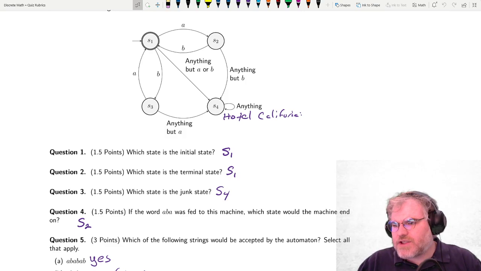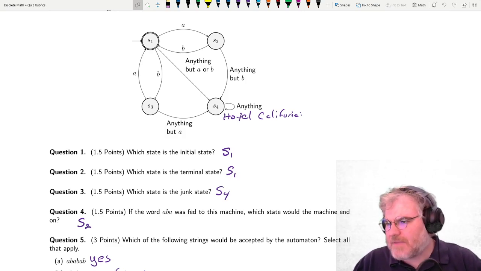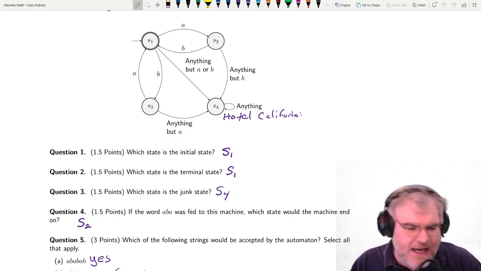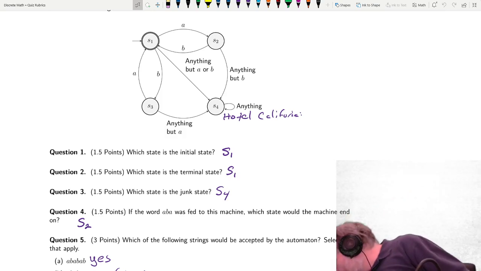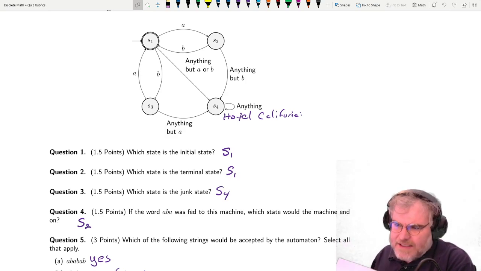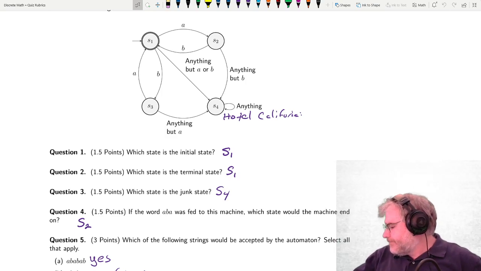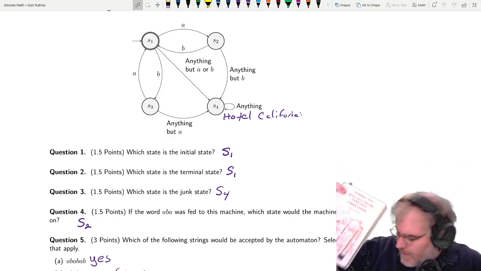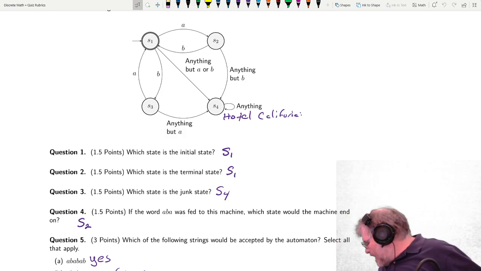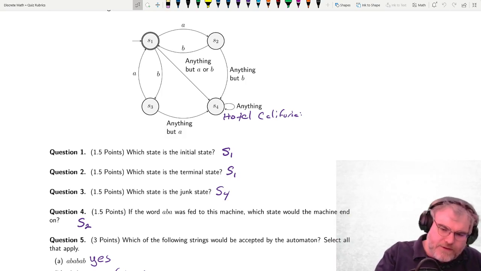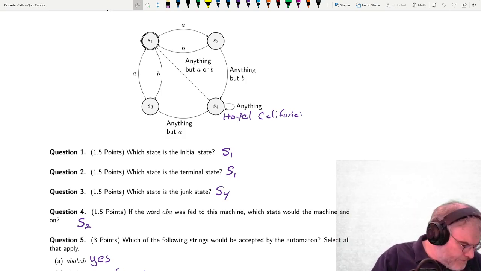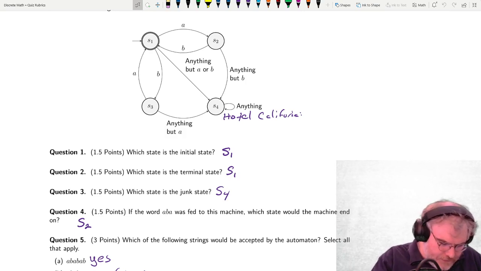Yeah, so the question in chat is, when it says accepted, that means a terminal state? Yes, or an accepting state. I don't remember which one your book uses. When we started getting into this, I dug out the old Hopcroft and Ullman, which has different terminology than the book does.